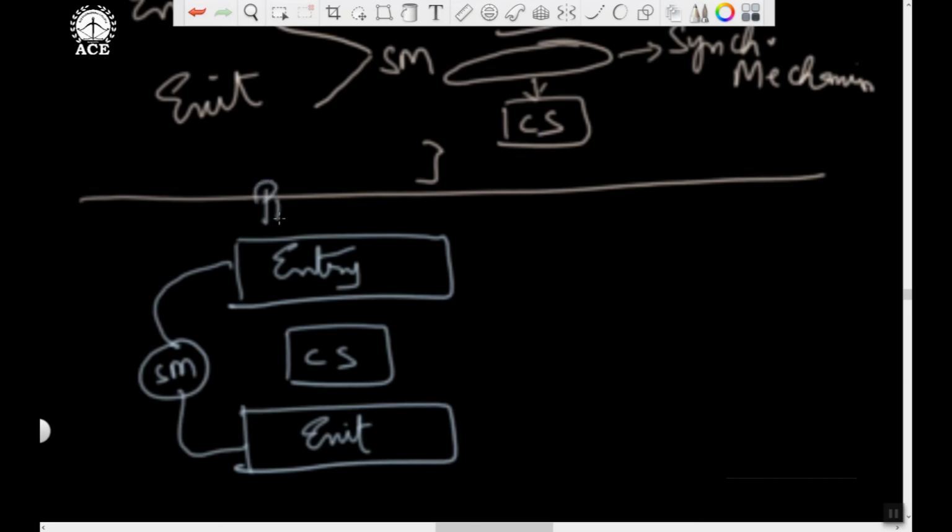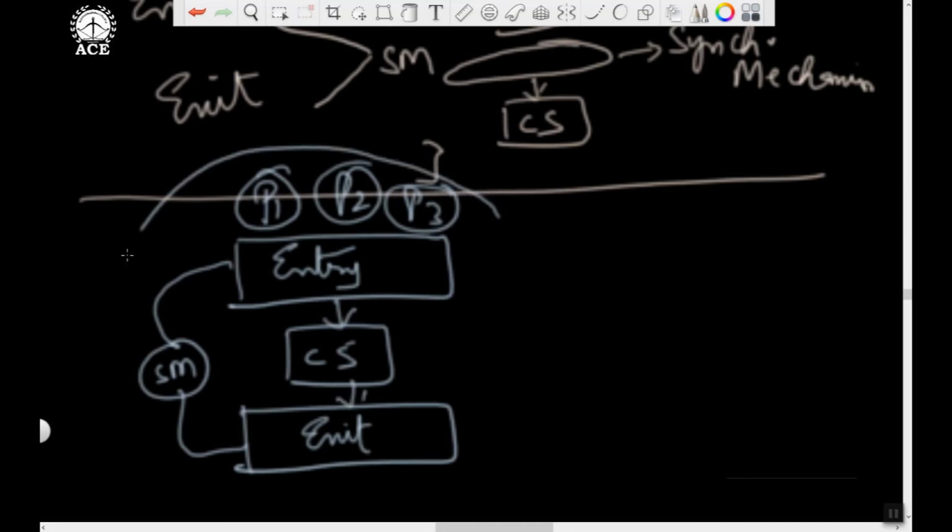Here we'll have processes P1, P2, P3, like producer, consumer and others. All of them want to use critical section, but critical section is a crucial part. That is a very critical part. That is why the word critical. It has to be used at a time by only one process. No two processes should be present in critical section at the same time. That will be enforced through entry section.